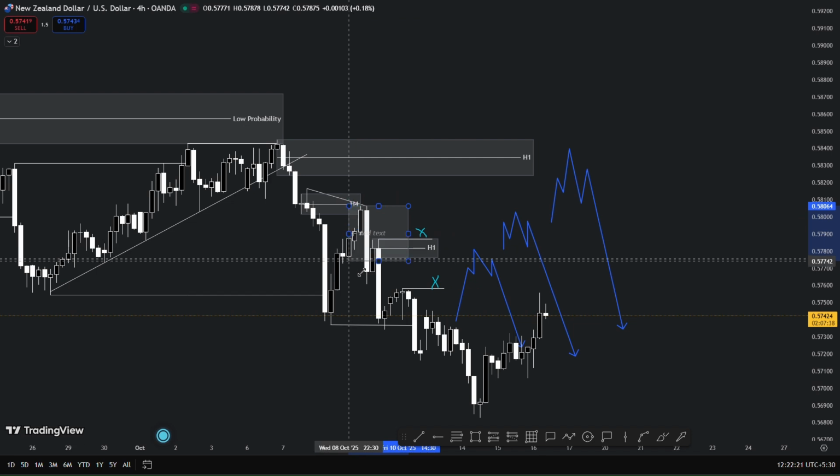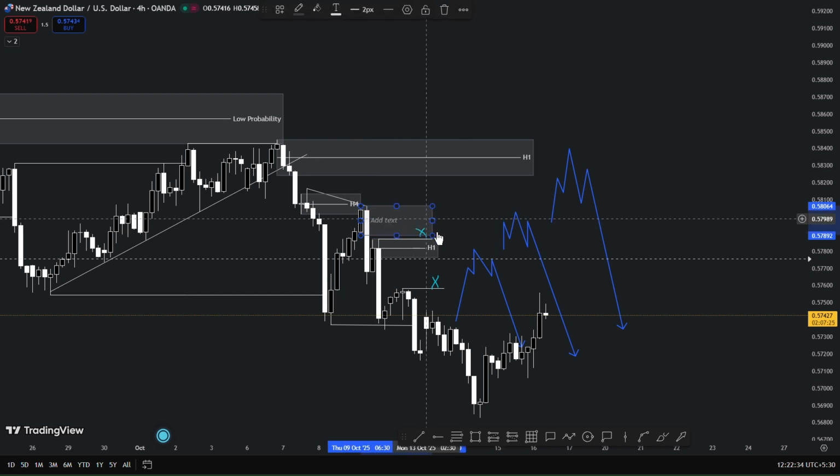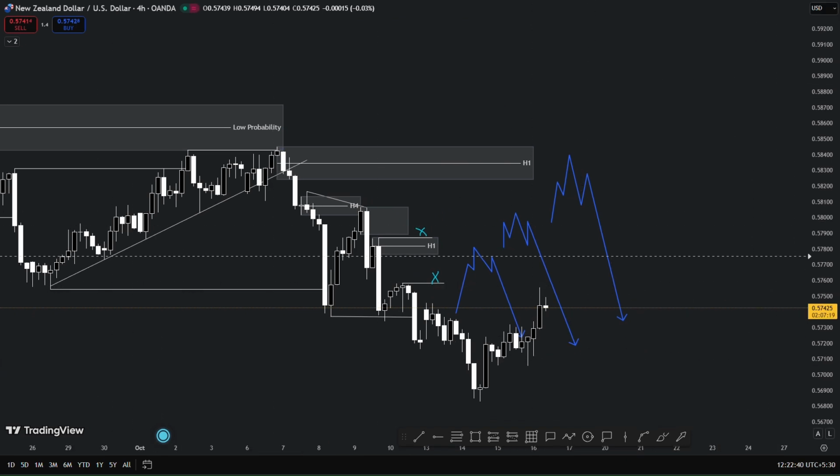So I think this below H1 marked zone is quite nice to look for a sell opportunity after confirmations. That's my view for NZD USD.